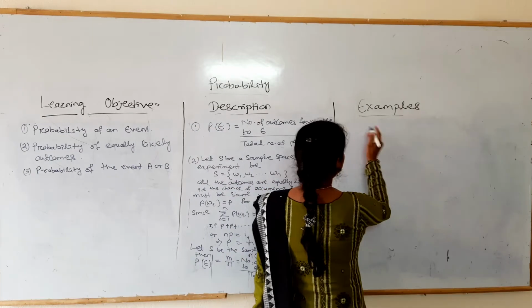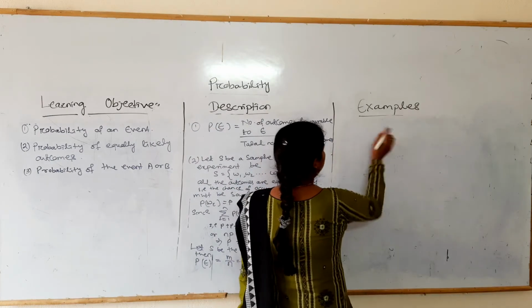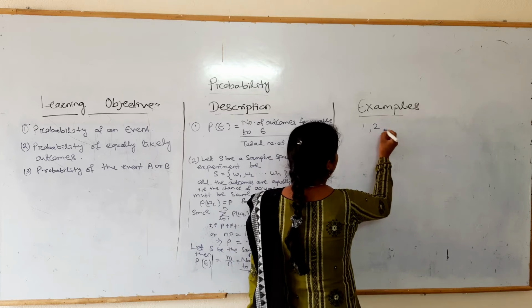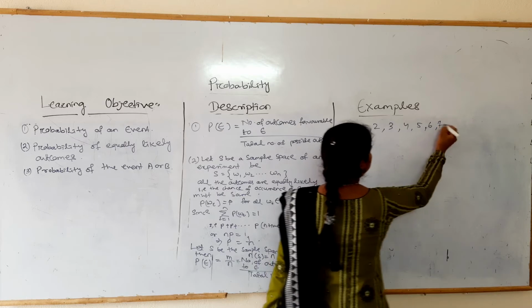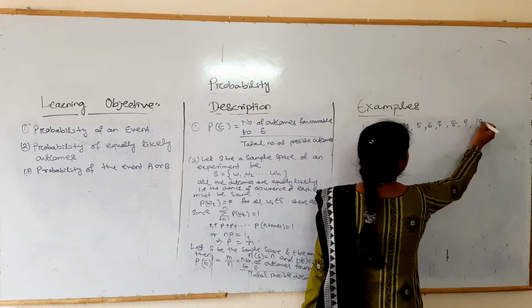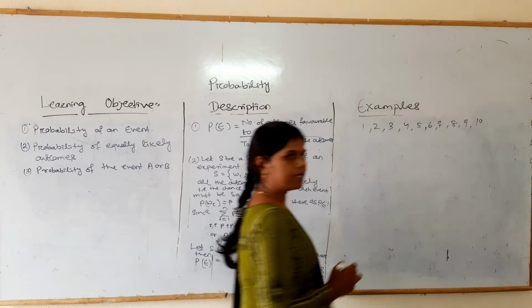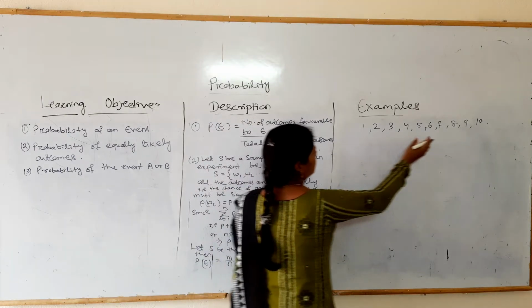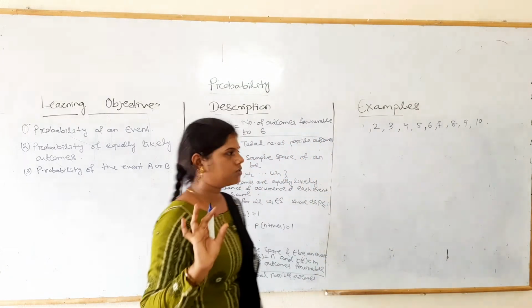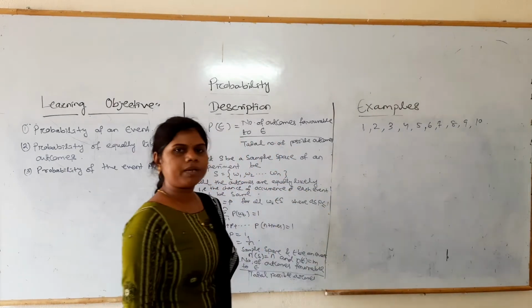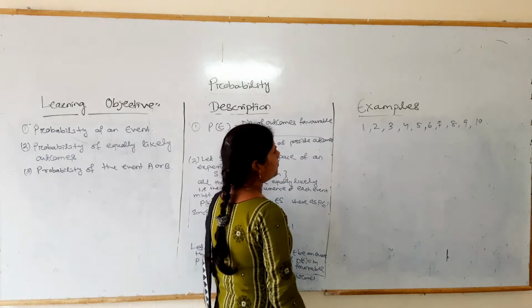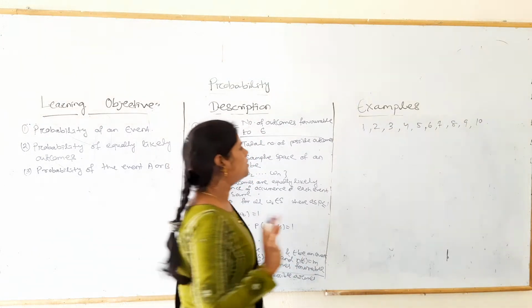divided by the total number of possible outcomes. Suppose, taking another example, there are 10 numbers, 1, 2, 3, 4, 5, 6, 7, 8, 9 and 10, given in a box. Then our question is to find the probability of getting a number which is divisible by 2.